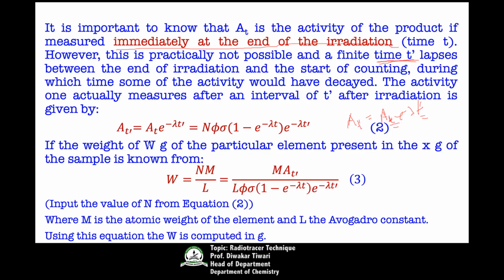Here, if the weight of the sample is W gram of the particular element present in the X gram of the sample, then W is equal to the total number of atoms N multiplied by the atomic mass M divided by the Avogadro number L. So if I put the value of N in this equation, this is equal to M by L multiplied by At dash divided by sigma into phi into 1 minus e to the power minus lambda t into e to the power minus lambda t dash.